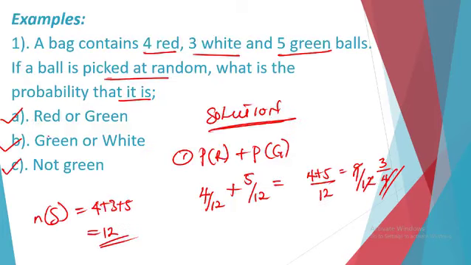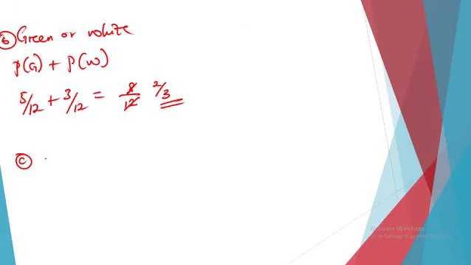Then the C part of the question said, not green. If it is not green, then it is red or white. So it means the probability of red or white. Okay, so we now find the probability of red or white.